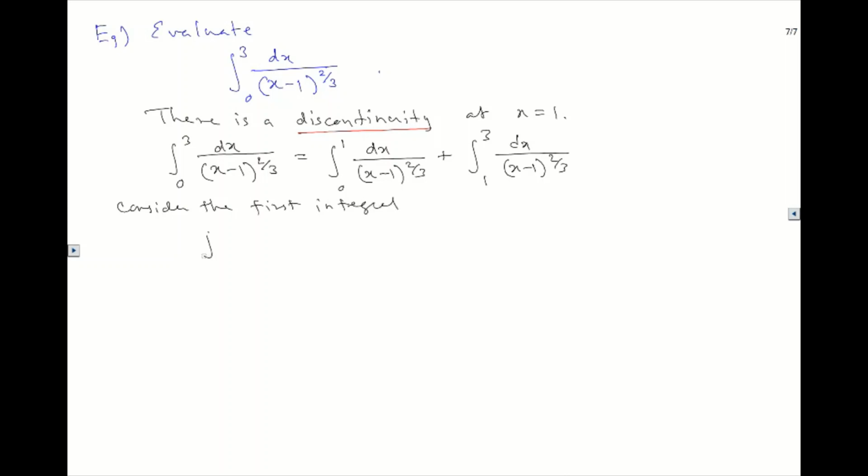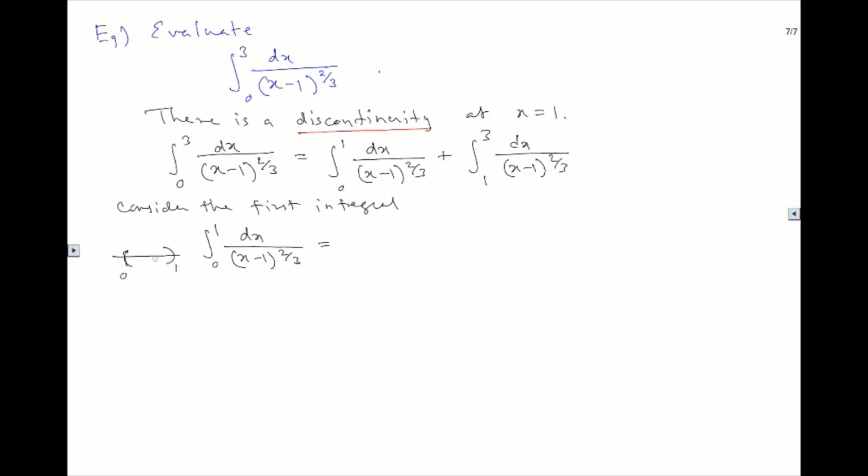So we can write this one as the integral from 0 to 1 of dx over (x minus 1)^(2/3), but you know that there's a discontinuity at 1. So the integral is from 0 to 1, but there's a discontinuity at the open endpoint.